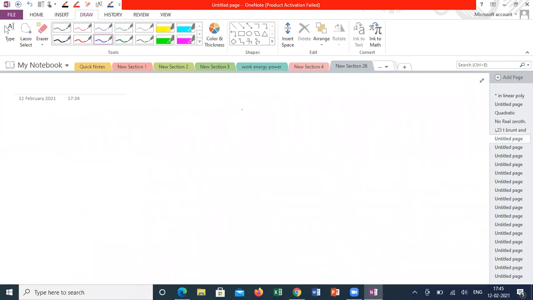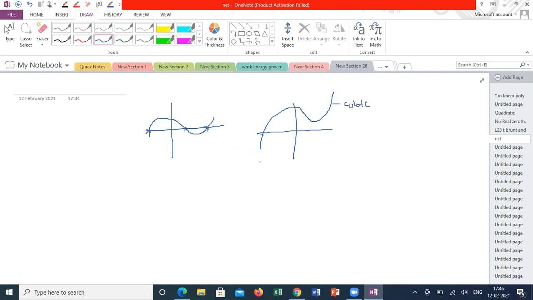Here also, using the graphical method, if a graph intersects at 3 places, then I can say it is a cubic polynomial with 3 zeros. If it is intersecting like this, how many zeros here? 1 zero. But this represents a cubic polynomial, so what does this mean? 1 zero is real, and the remaining 2 zeros are unreal.